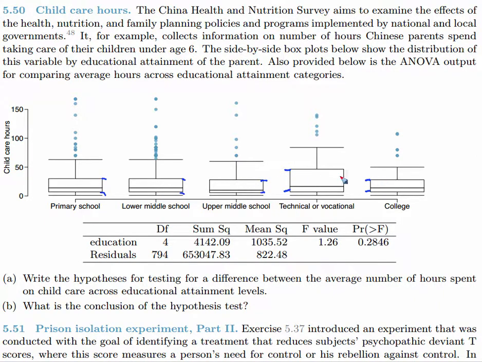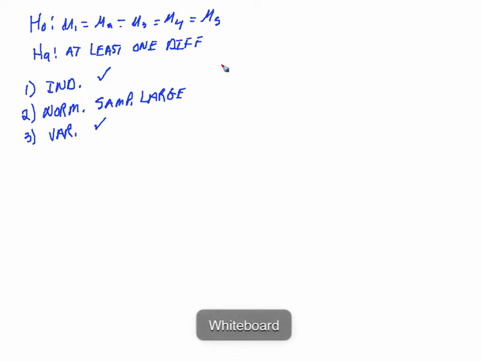Obviously, they're not the same, but these boxes aren't a huge width different from each other. Notice that in every one of the box plots we have outliers, and pretty much without exception all of these are skewed a bit to the right. So with the normality condition, the reason we can run with normality is because we've got a rather large sample size.